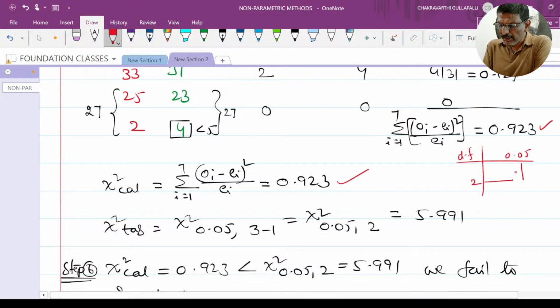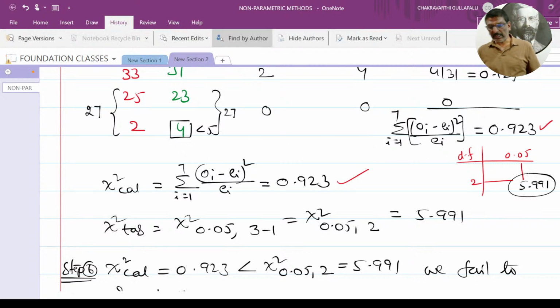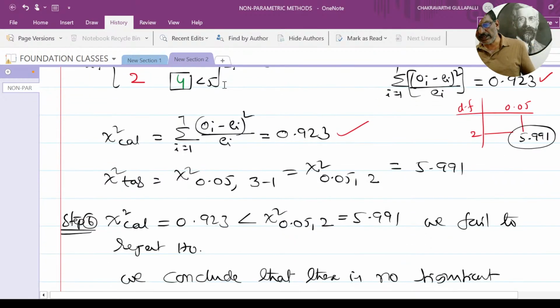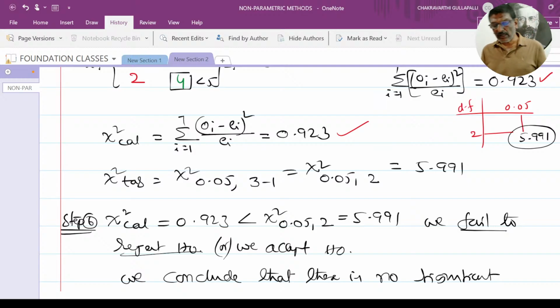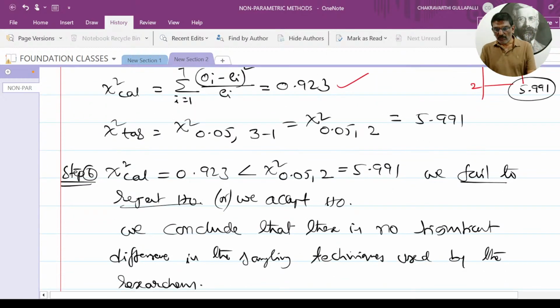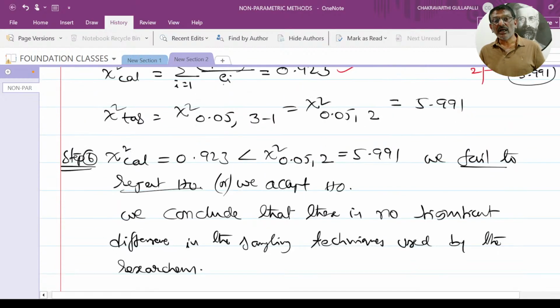The corresponding table value is 5.991. The chi-square calculated value is less than the chi-square table value, so we fail to reject H0, or we accept H0. We conclude that there is no significant difference in the sampling techniques used by the researchers.